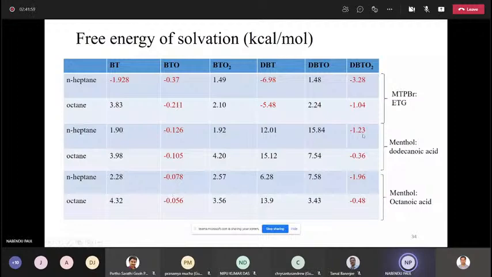A similar menthol octanoic acid DES was used previously in the extraction of methapyrilene, and we found out that it is quite good in extracting. At least 40 to 50% extraction was happening. But in this case, these values don't signify the results, like can we go for extraction of these sulfur compounds or not.